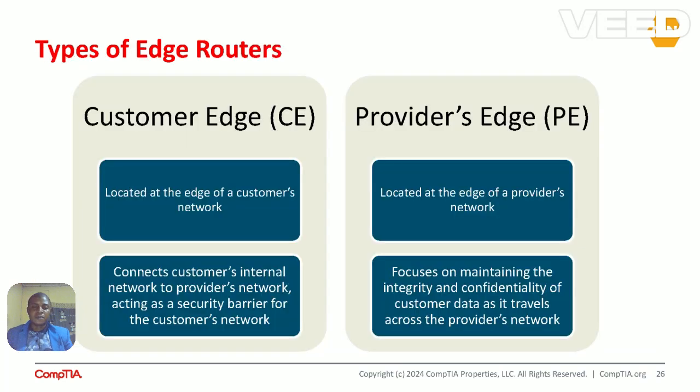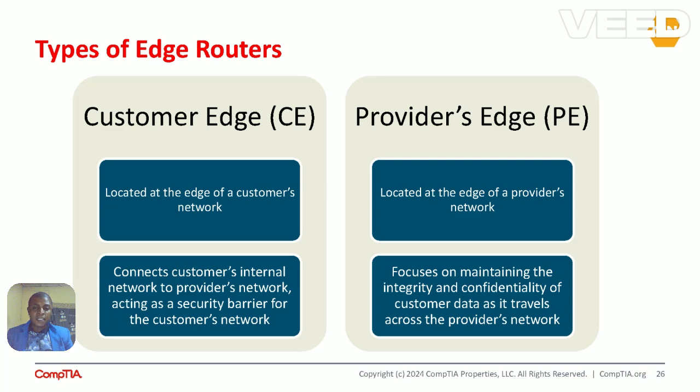Let us proceed. We have types of edge router: the customer edge and the provider edge. So what differentiates the two? How do the two operate? Number one, the customer edge is located at the edge of the customer network, in their own premises.